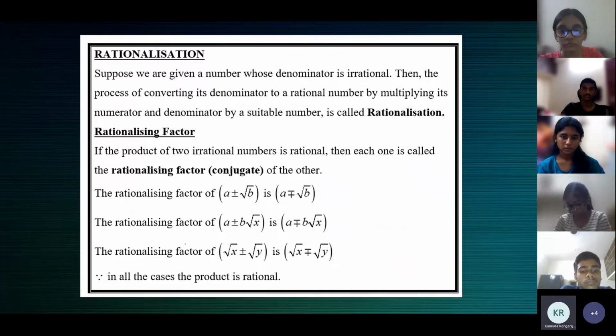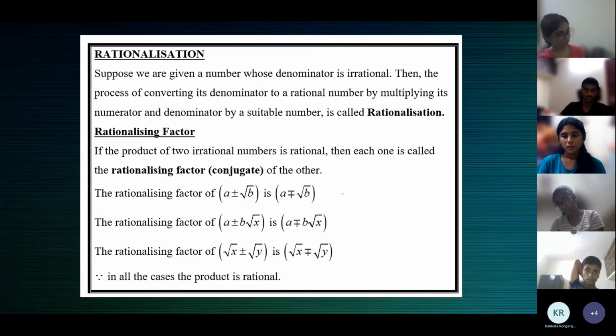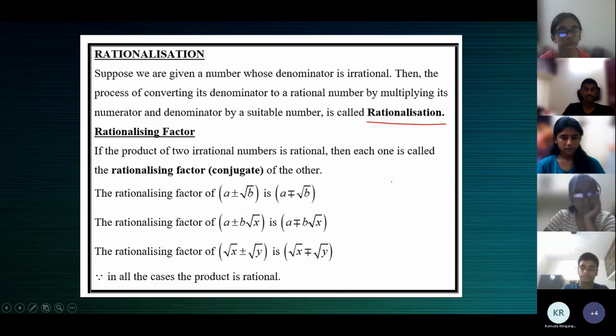Now, I normally don't explain too much theory like this, children. When we work the sums, I'll relate that to this and you will understand. So for now, we have understood what rationalization means. Making an irrational denominator rational is rationalization. The expression will still remain irrational.